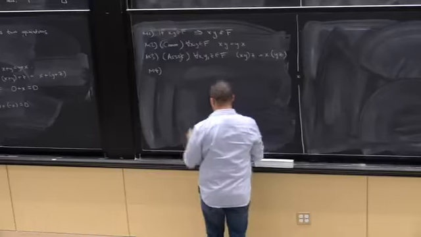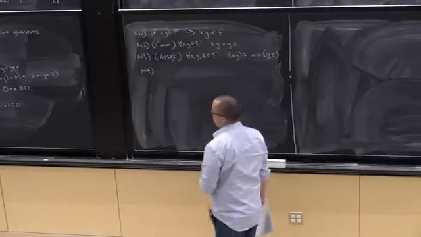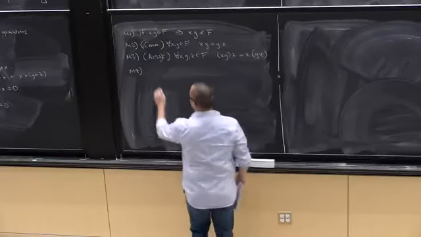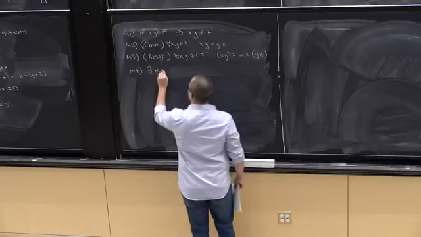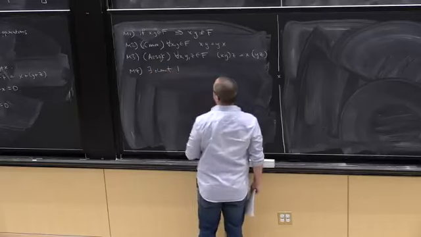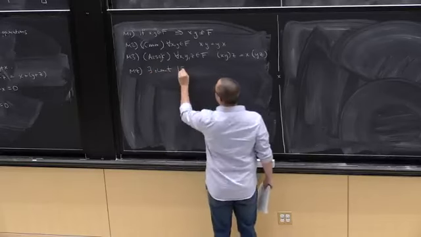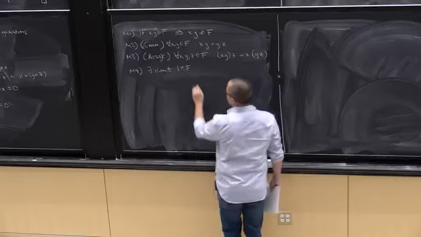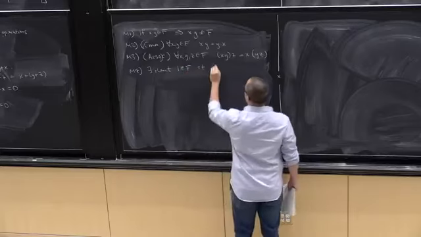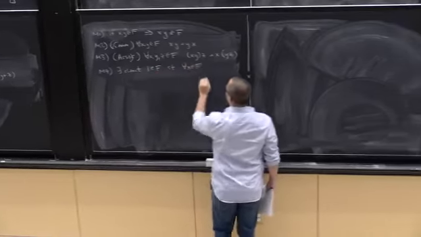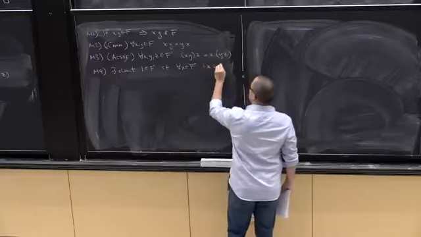The fourth property is the existence of a multiplicative identity. There exists an element which I label as 1 in this set F, such that for all x in F, 1 times x equals x.